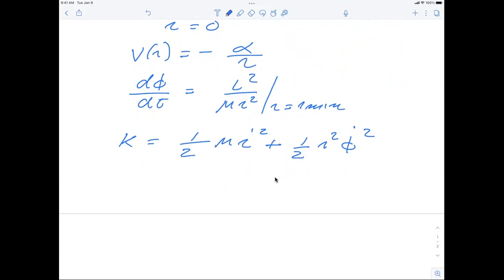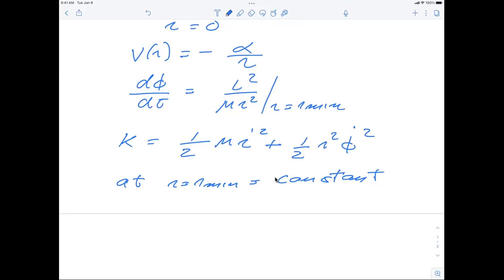So if we are at r equal to r min, and that's a constant, what happens with the kinetic energy as a function of time when you just look at this equation here? It's a constant.